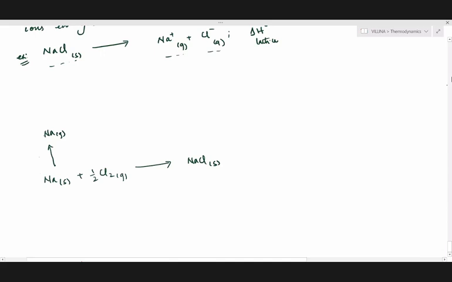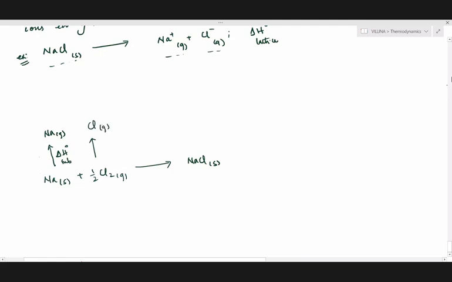What is this called? Na solid to Na gas. Say something. What is this called? Sublimation. Very good. So enthalpy of sublimation, delta H sublimation. Now, chlorine has to be converted into chlorine atoms in the gaseous state.